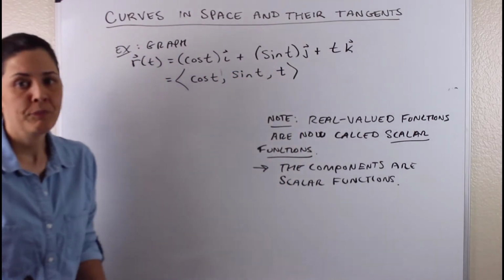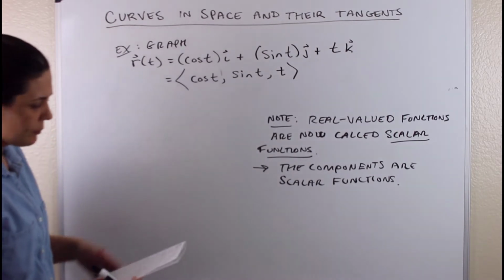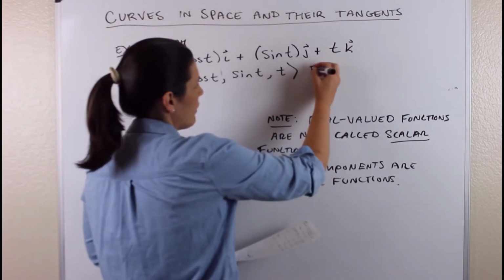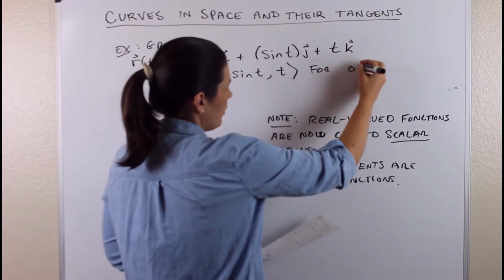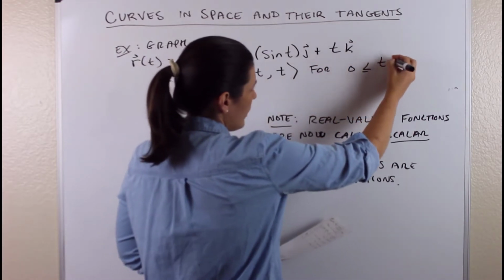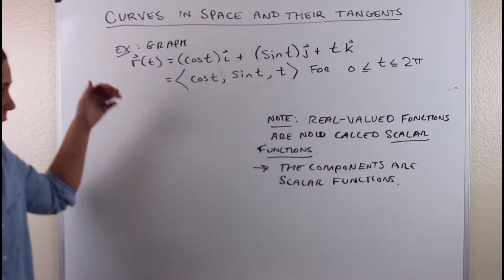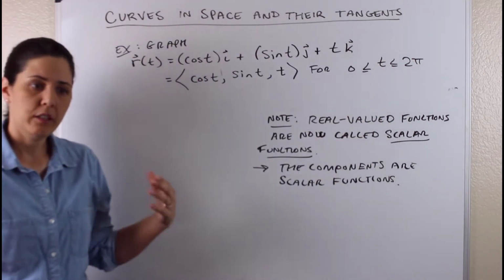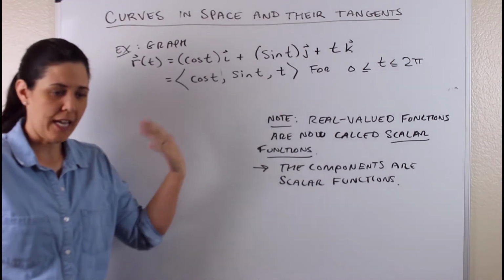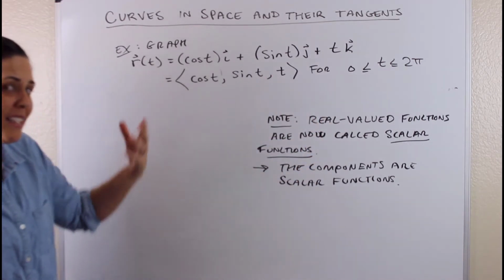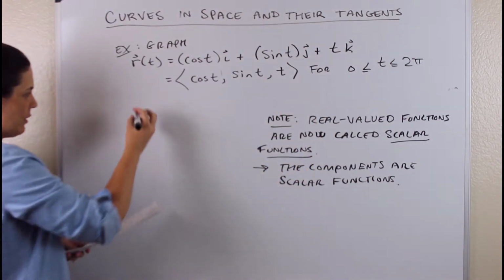These are equivalent. Now, I only want this for certain t values. I want to consider this function for t between 0 and 2π. So I'm going to make a table, not an xy table, but an xyz table, with t, to get some points to plot.